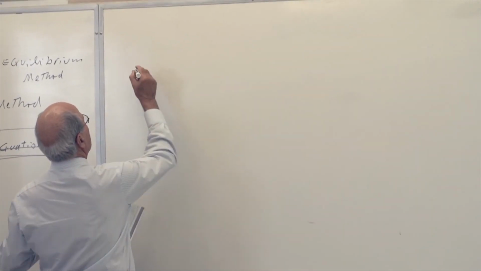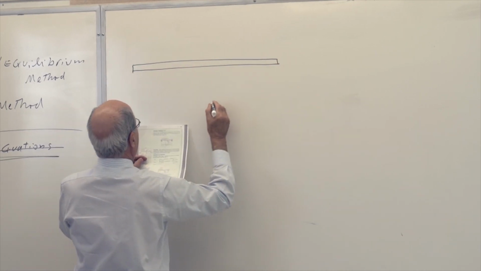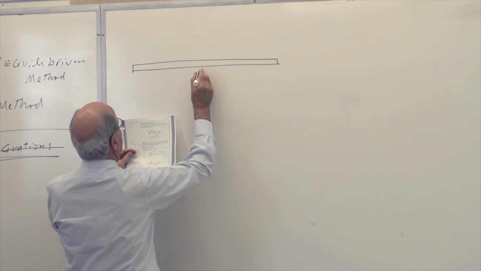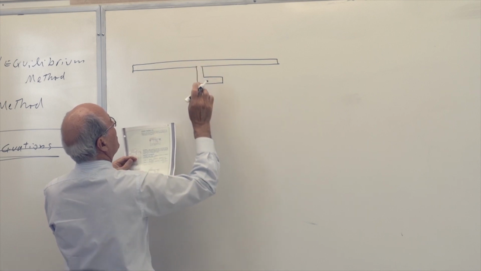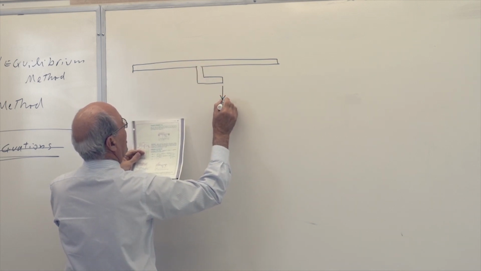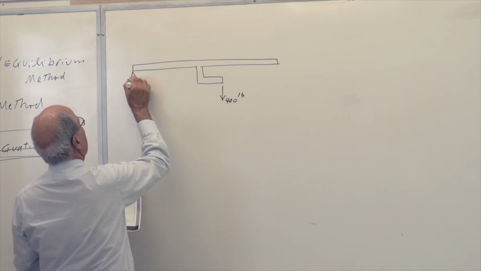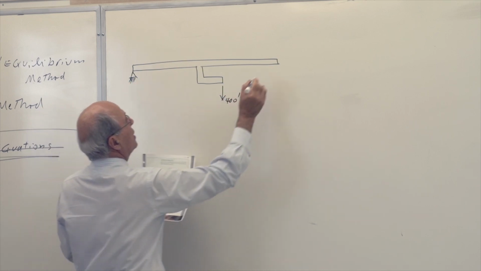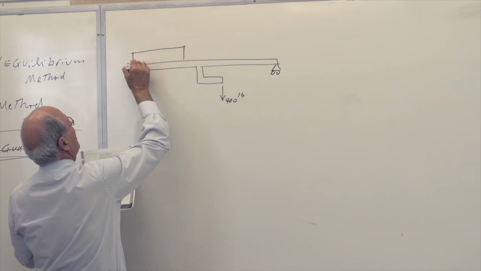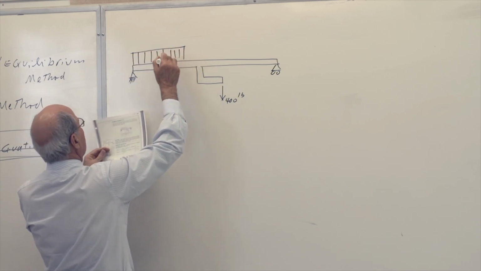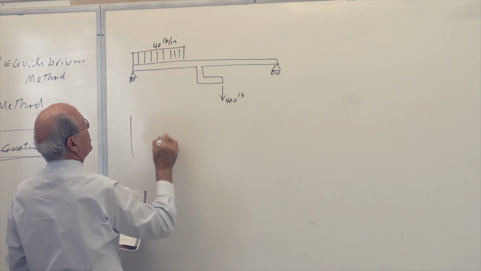Here is the beam itself. It is a short beam going like that. At a certain point down here, there is a sort of hanger like this. The beam is there, and there is a force of 400 pounds hanging here. This is a pin here, a roller there, and there is a uniform load of 40 pounds per inch, and the distances are as follows.